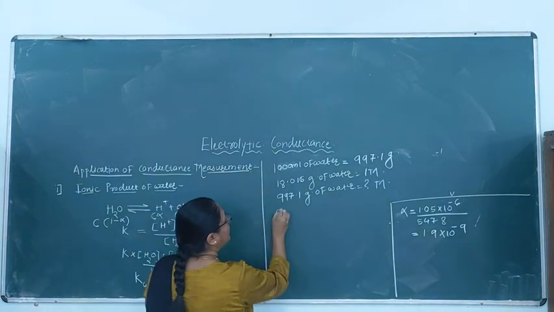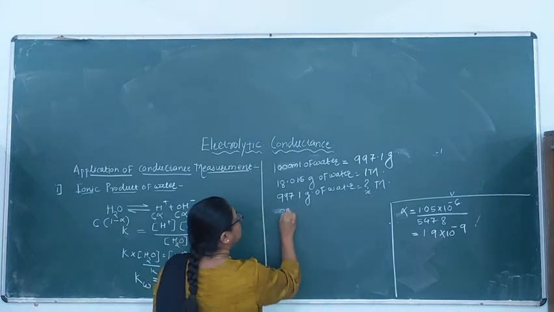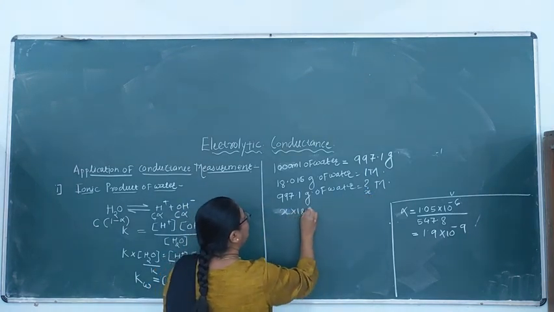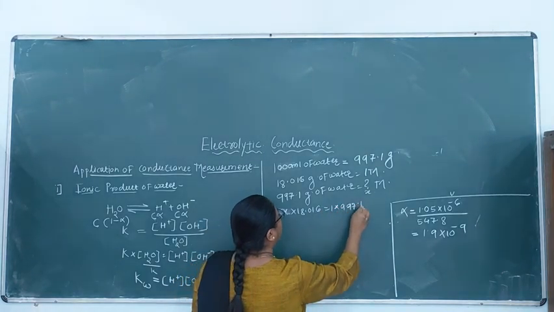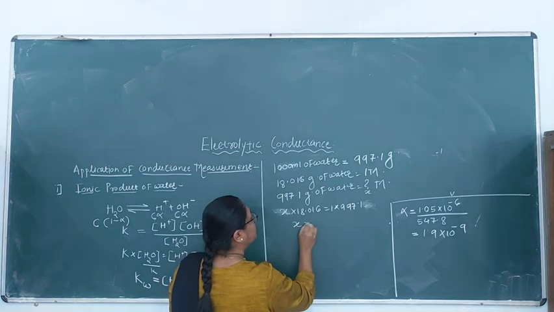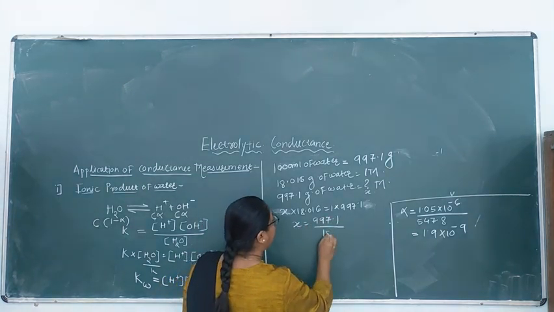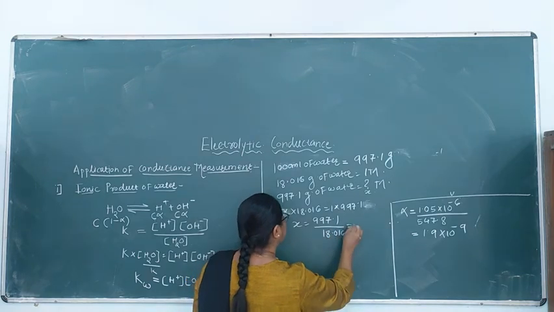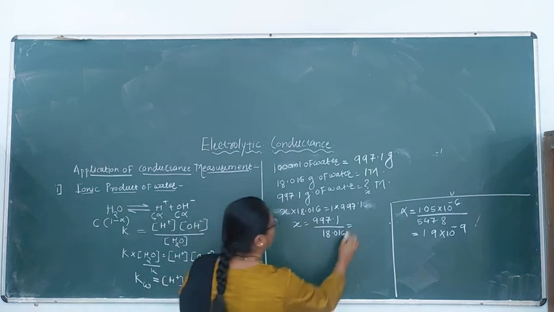Simply, if I consider x into 18.016 is equal to 1 into 997.1, so x is equal to 997.1 divided by 18.016. So this water is 55.34 molar.